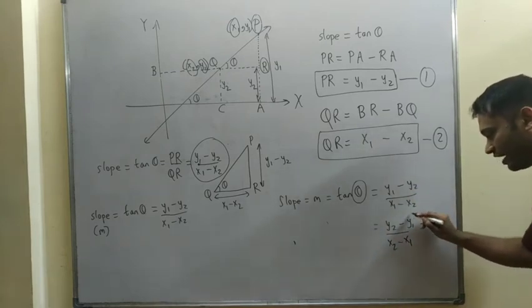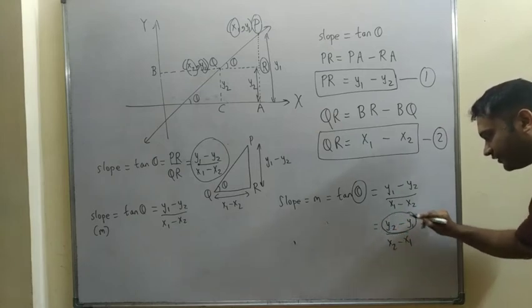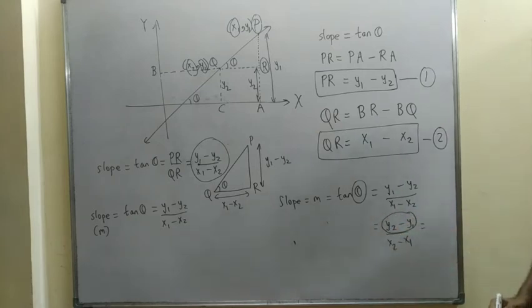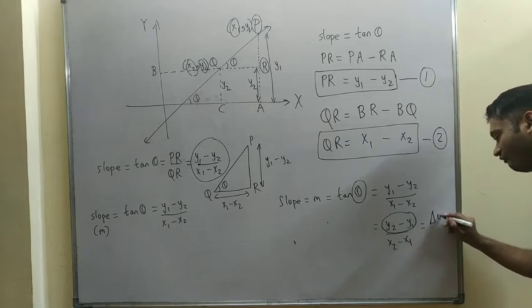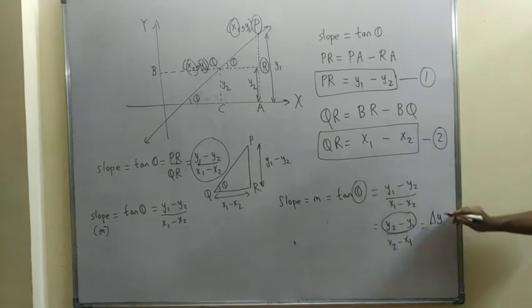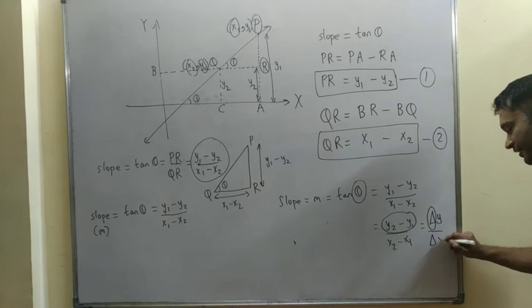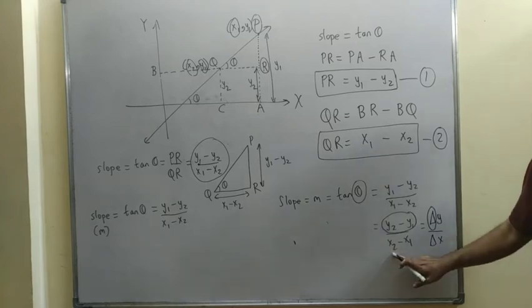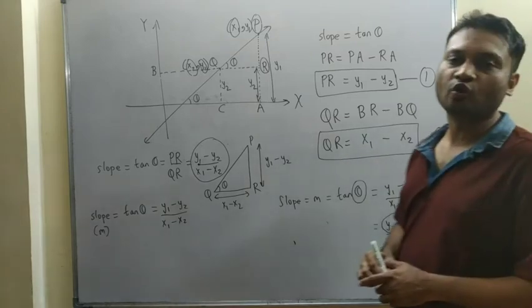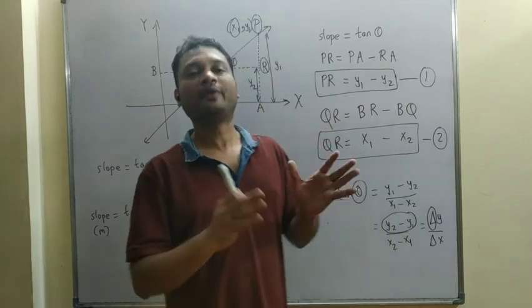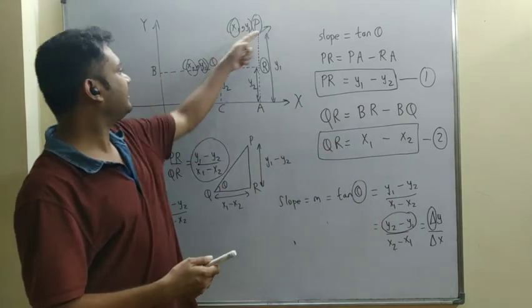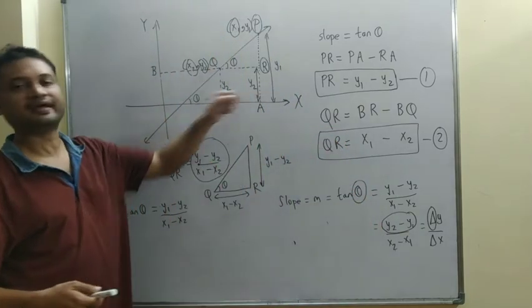In this case, we have a change in y coordinate, so we can denote the change in y coordinate by the delta y symbol as well. Delta here refers to change. Delta y is the change in y coordinate upon delta x, which is the change in x coordinate. So the formula for slope is tan theta, where theta is the angle made by the line with the positive x-axis.